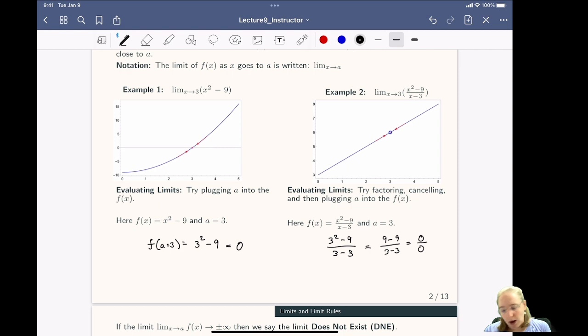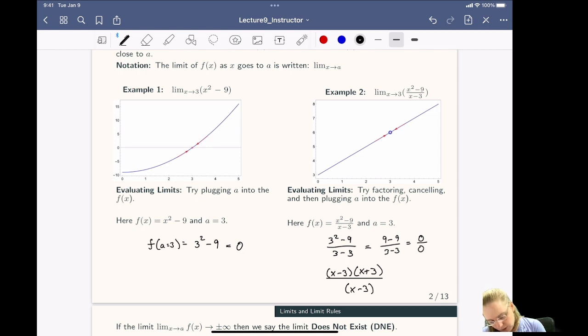All right, so what actually happens as we get closer and closer to a value of 3? Well, one way to answer this question is to try to factor the function x squared minus 9 divided by x minus 3 and cancel terms. So one way to factor the numerator is as x minus 3 times x plus 3, and then we want to divide by the denominator x minus 3.